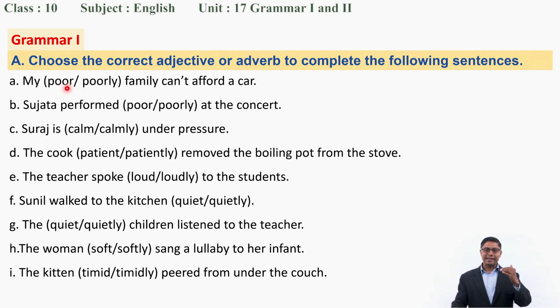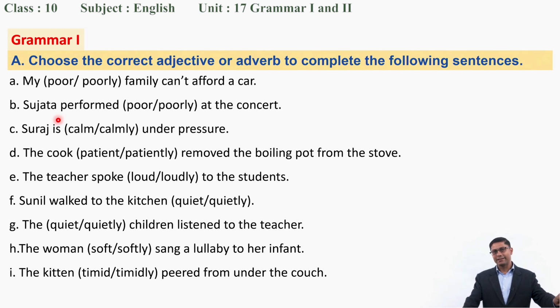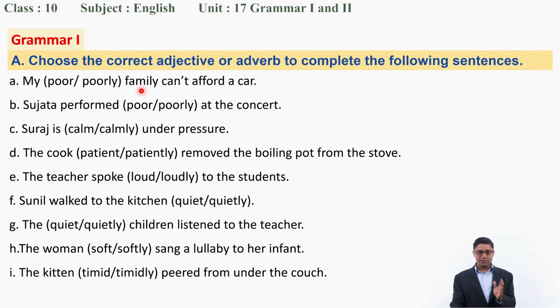Let's begin with A. My family can't afford a car. Here you have to use either my poor family can't afford a car or my poorly family can't afford a car. Remember the thing we discussed earlier. Adjectives modify a noun or pronoun. Adverbs modify a verb or an adjective or another adverb. Look at this context.